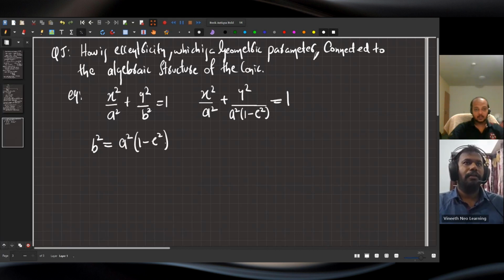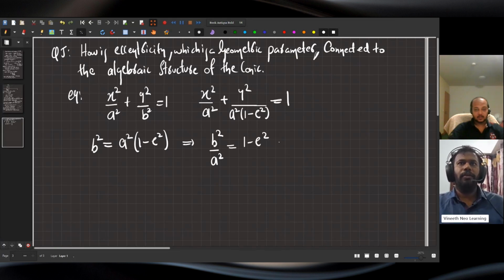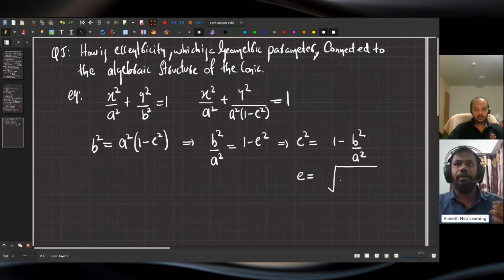From this we get b squared over a squared equal to 1 minus e squared, or e squared equals 1 minus b squared over a squared. So e equals the positive square root, because it's a ratio of lengths, a positive number, of 1 minus b squared over a squared.